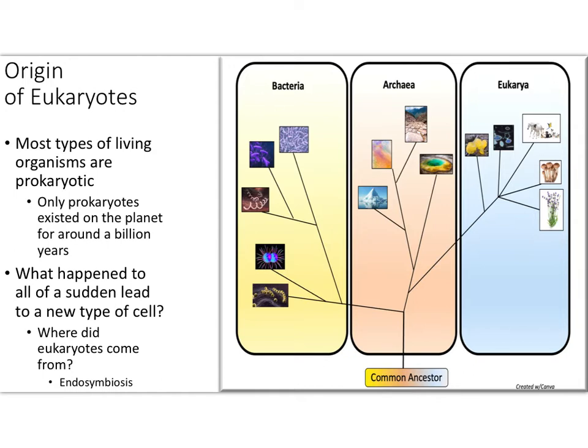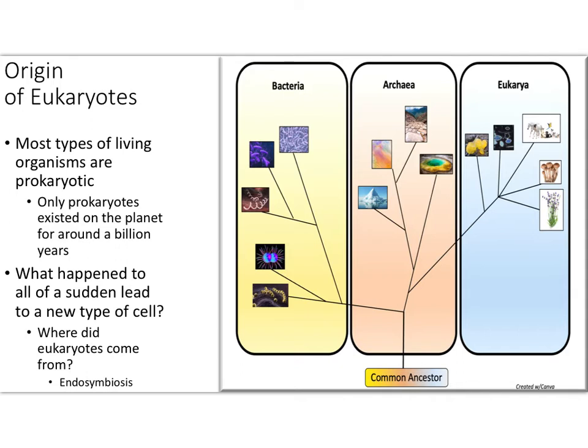And that explanation is called the theory of endosymbiosis, or endosymbiotic theory. And what endosymbiotic theory basically states is that eukaryotes arose because of the combination of 2 different types of prokaryotic cells, or sometimes 3 different types of prokaryotic cells. So we're going to go to the next slide and talk a little bit more about how that happened.